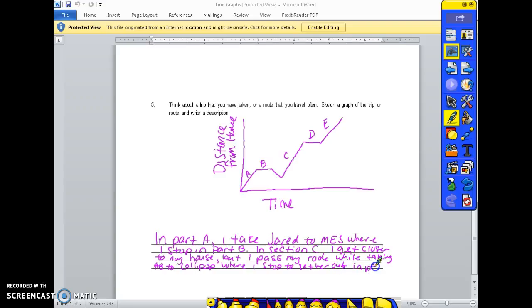In part D. And in section or part E, I drive to our school. And this concludes journal notes for page 48.